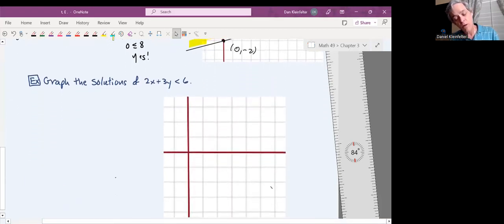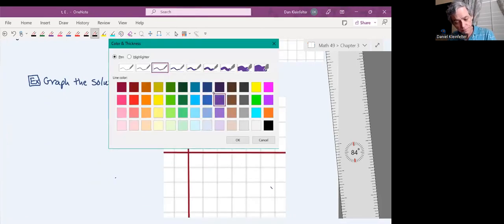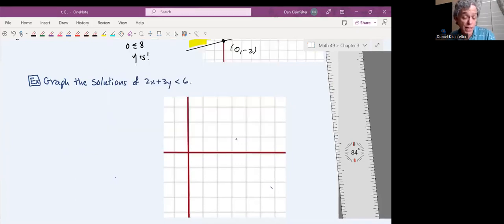Okay, next we're going to try 2x plus 3y is less than 6. So for this one, corresponding equation first. 2x plus 3y equals 6. And once again with the intercepts. When x is 0, y will be 2.